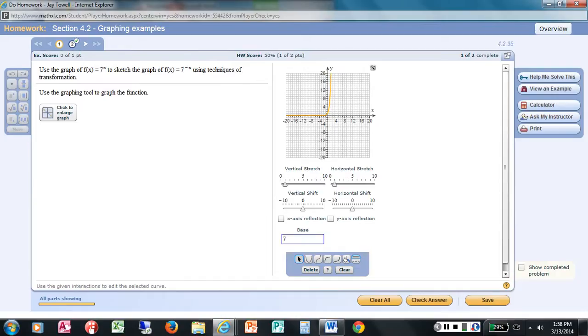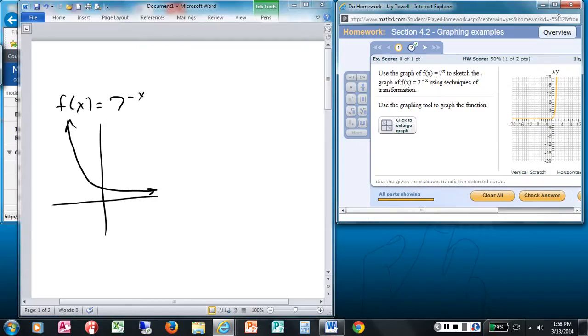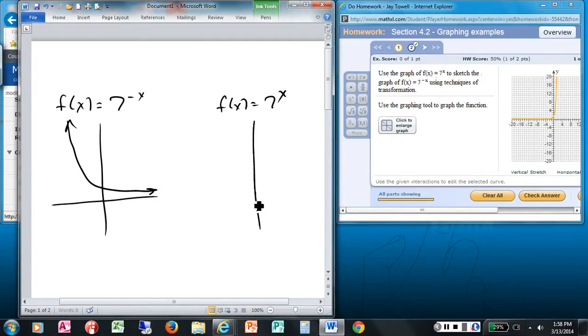Well, another way you can look at it is what we've done is we've reflected. If you have f of x equals 7 to the x, that's the shape right there. And so what we've done is we reflected that in the y-axis.